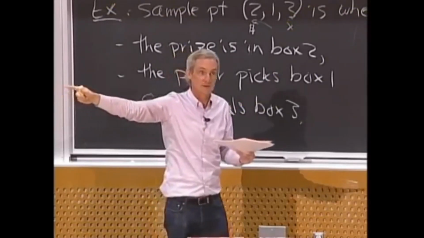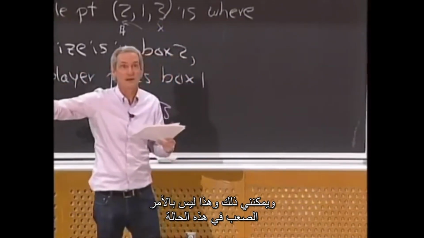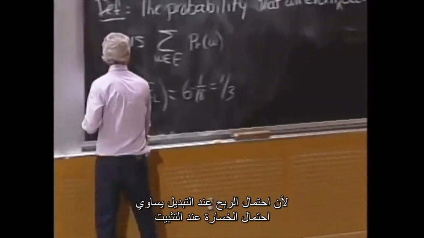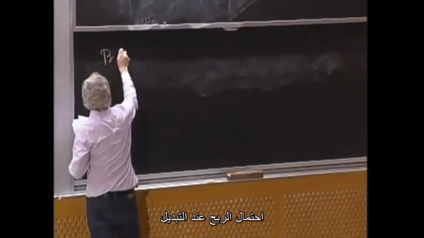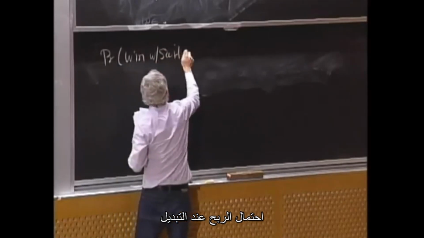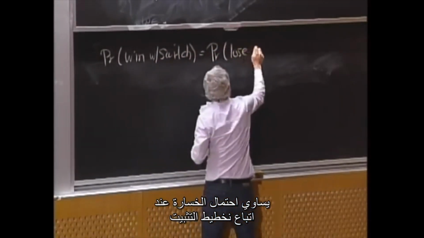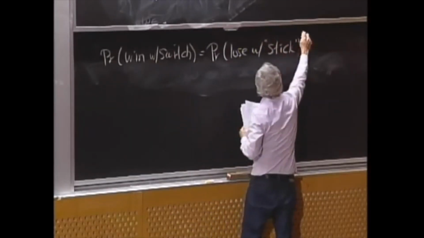All right? So you're right, I didn't cover that, but we can. It's not too hard in this case because the probability of winning on a switch equals the probability of losing on a stick. So the probability that you win with switch equals the probability you lose with a stick strategy.